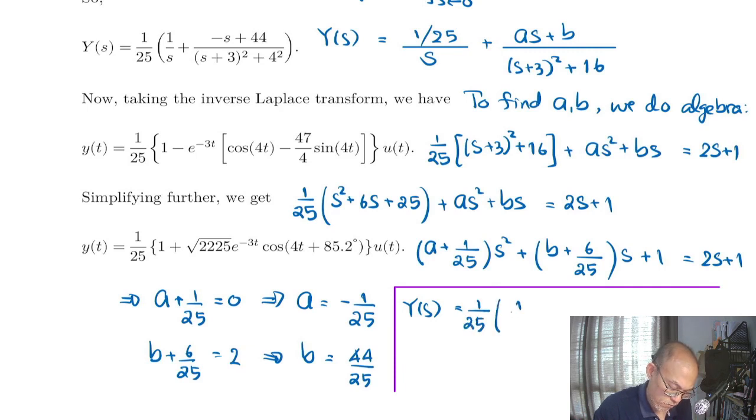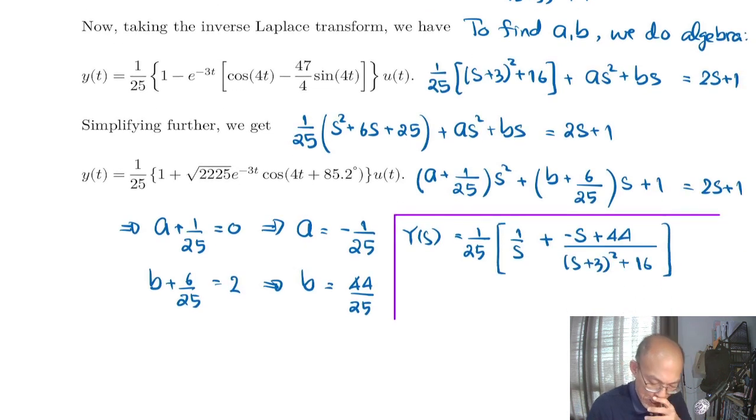I have 1 over s minus (s plus 44) divided by (s plus 3) squared plus 16. And now I can use my formula.